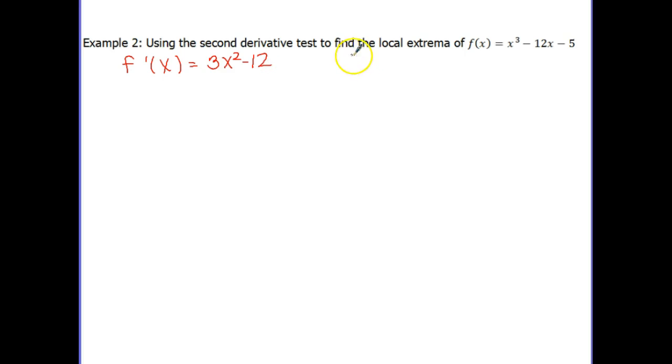Find the second derivative. Find the zeros of the first and it says using the second derivative. So if it says using the second derivative, you can't use the first.